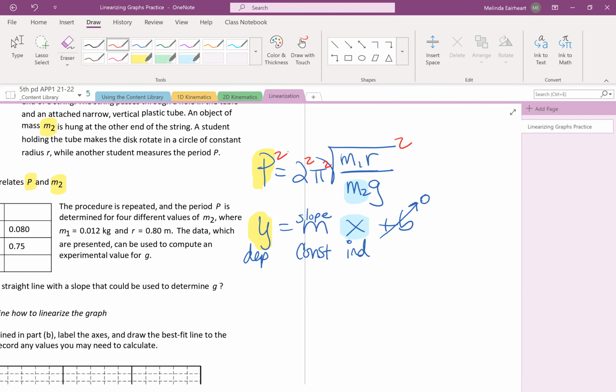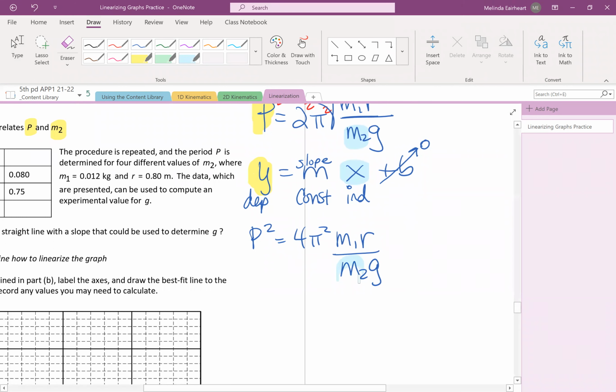We can square, right? And so 4 pi squared would be what we get there. And then here, let's just do the breakdown. So we'd get P squared equals 4 pi squared. And then when you square square root, everybody else just stays right there.